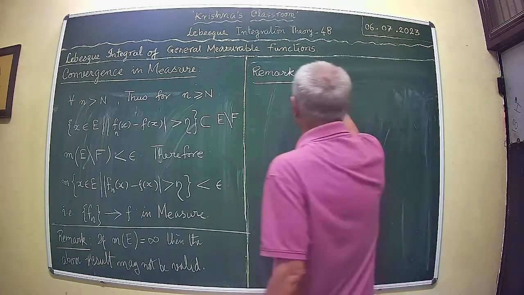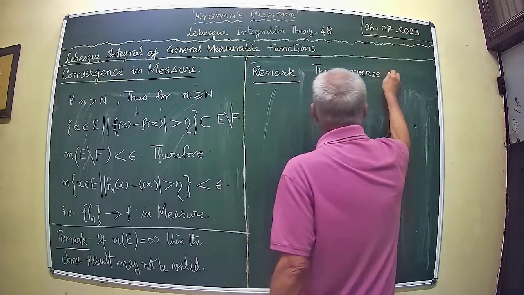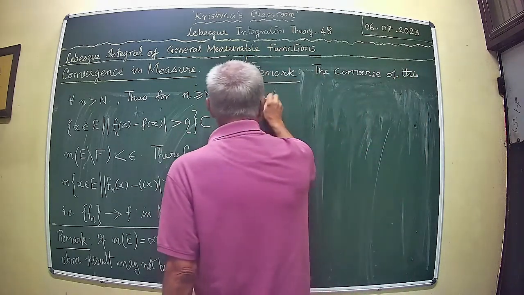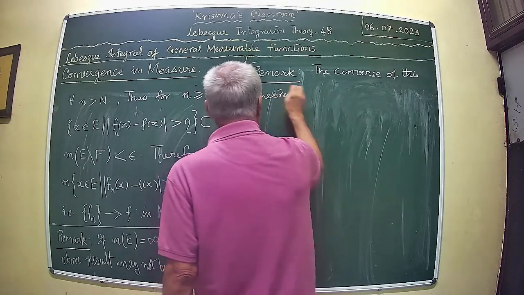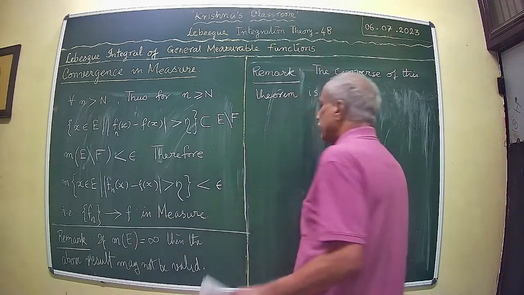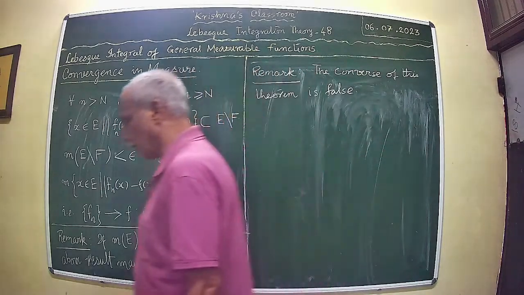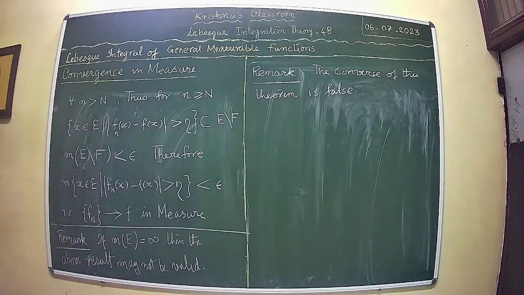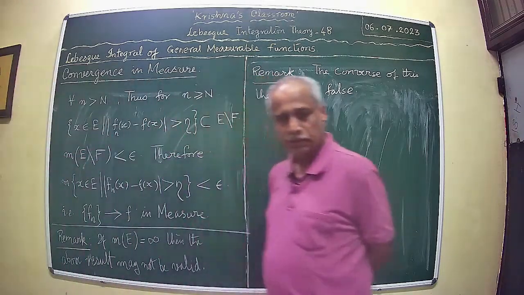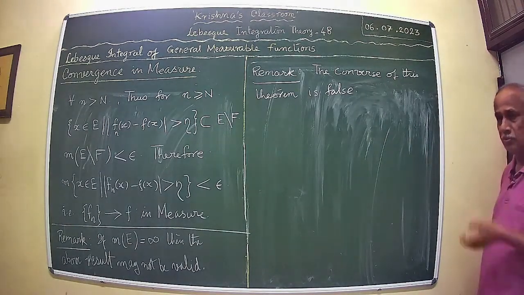What will be the converse of this theorem? Suppose Fn converges to F in measure, then even on a set of finite measure, you cannot say that Fn converges to F pointwise almost everywhere.